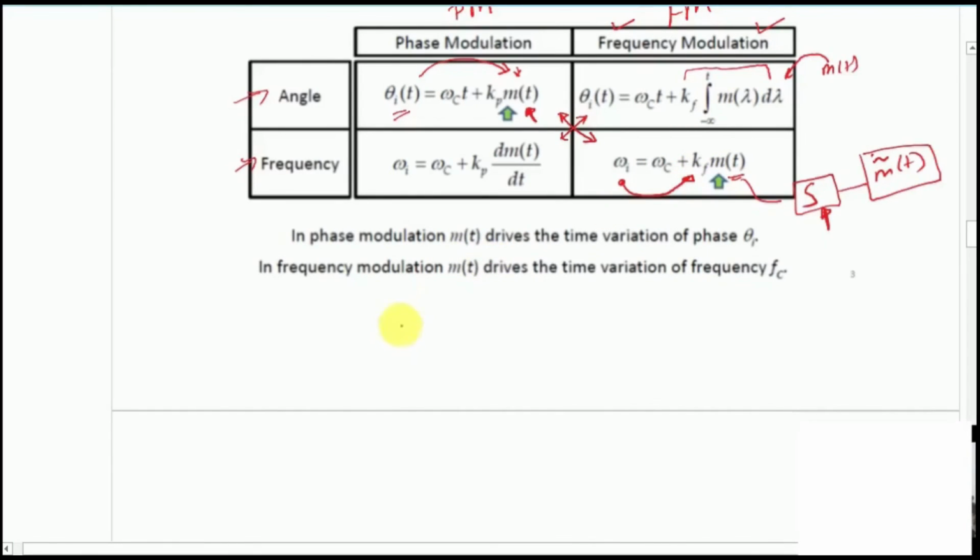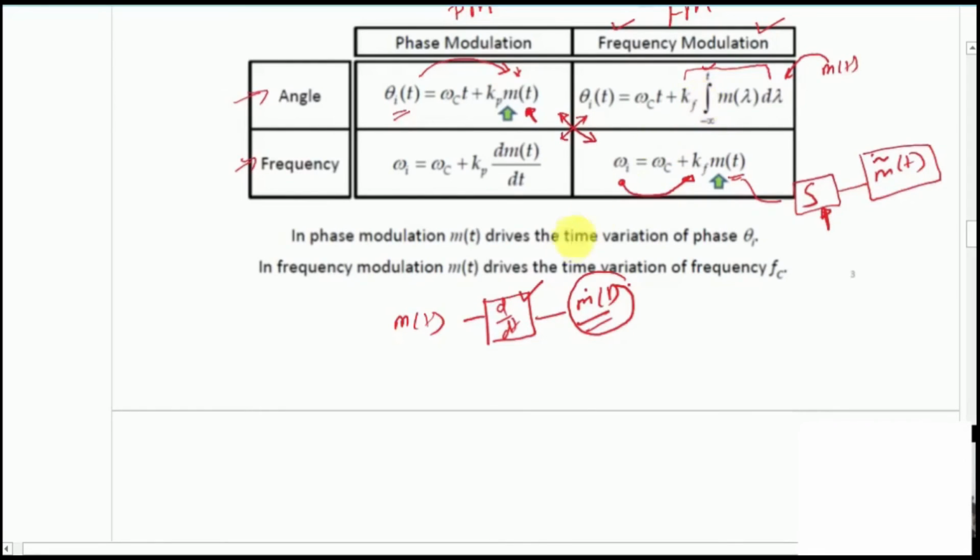On the other side, if we start with the message signal m of t and pass it through a differentiator d by dt, we'll get m dot of t. Once you have m dot of t, this is now your new signal. Now if you pass it through a frequency modulator, you have a differentiator and then you have an integral over here. So both of them would cancel out.